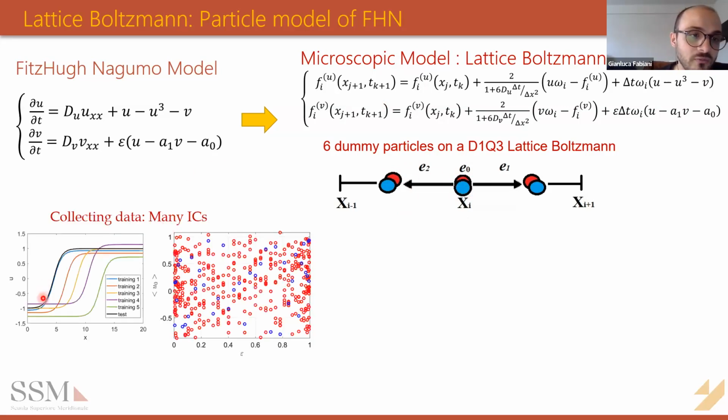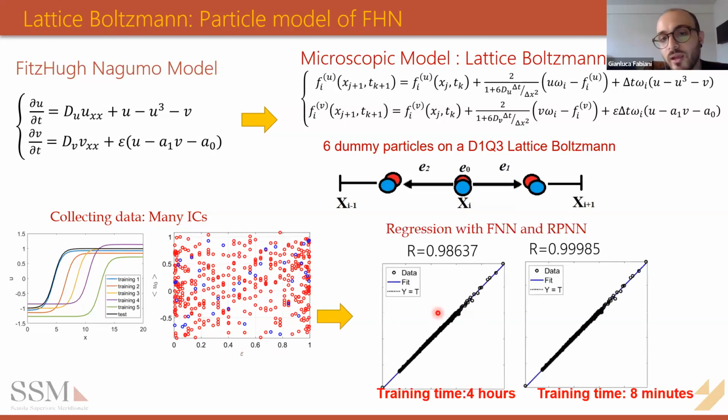So we take many different initial conditions. Each of these dots here corresponds to a different initial condition, in terms of a different mean of this sigmoid, and a different value of the parameter. So we sample all this space in terms of initial condition and parameter, and we do a regression.